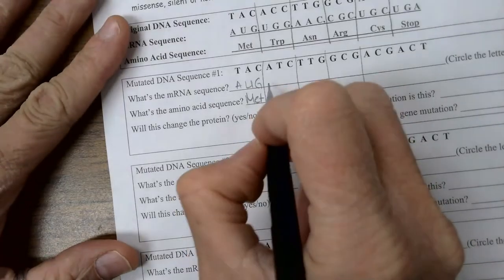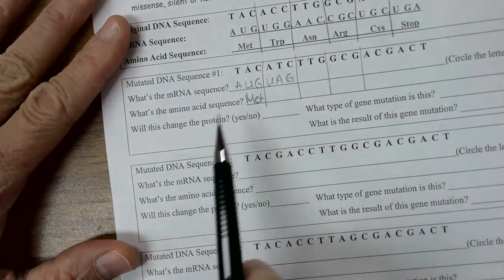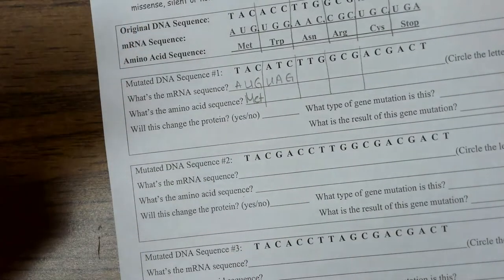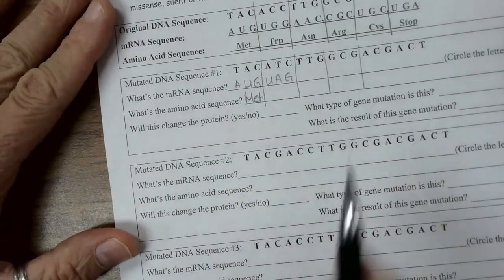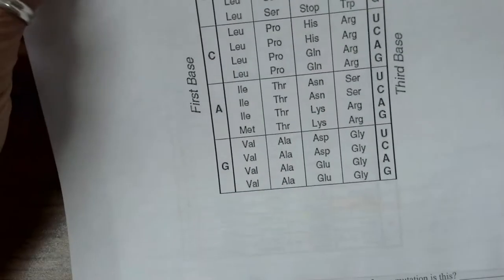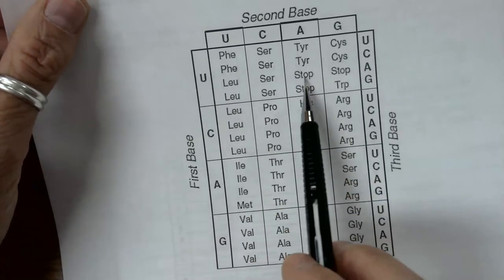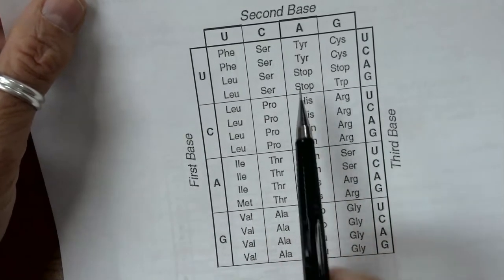So UAG, I shouldn't have just done one and then its amino acid. I should have finished this whole thing first. But since I'm trying to do it quickly for you, UAG codes for stop.